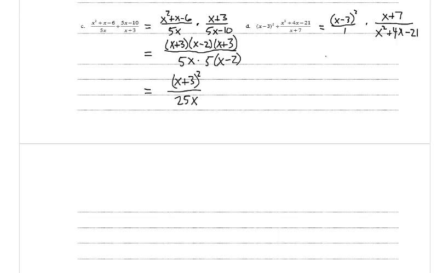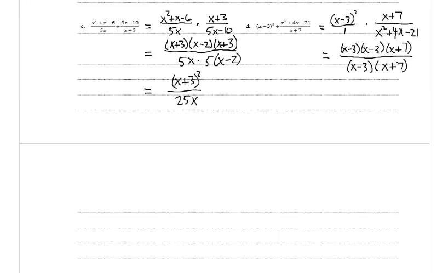And now we'll write it as one fraction and write everything in factors. So we have 2 factors of x minus 3 and a factor of x plus 7 in the numerator divided by, now we can rewrite x squared plus 4x minus 21 as x minus 3 and x plus 7.